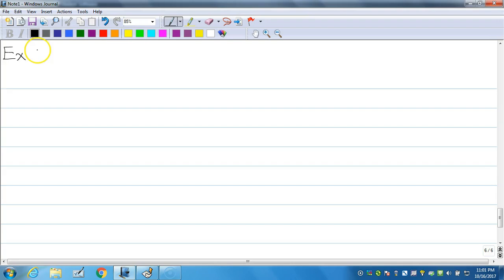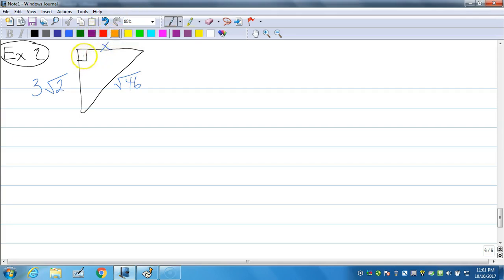Example 2. That's 3 square root of 2. This is the square root of 46, and this is x.